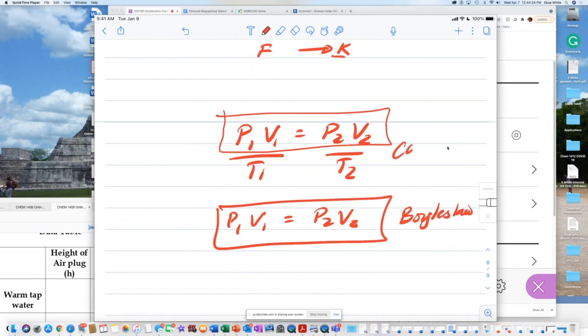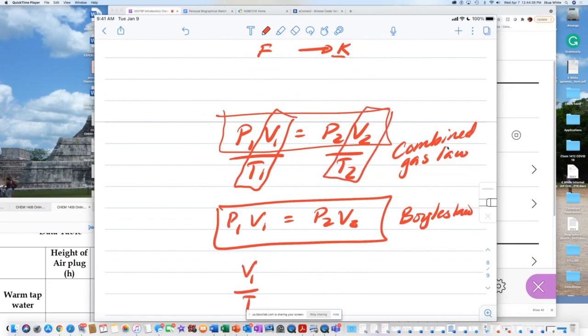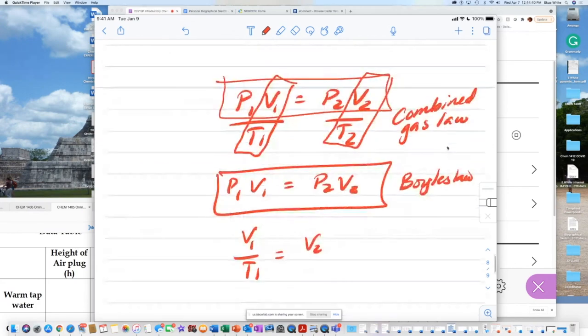That's why they call this the combined gas law. And then from this, you can take this diagonal relationship out, and you get V1 over T1 equals V2 over T2, and that gives you Charles' law.